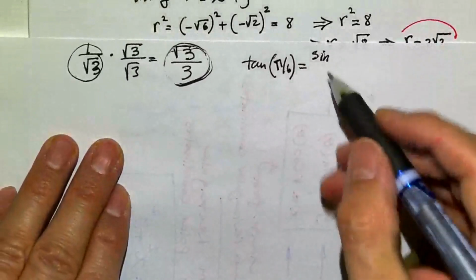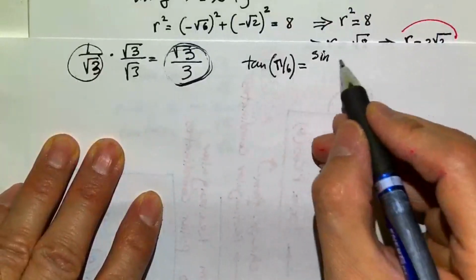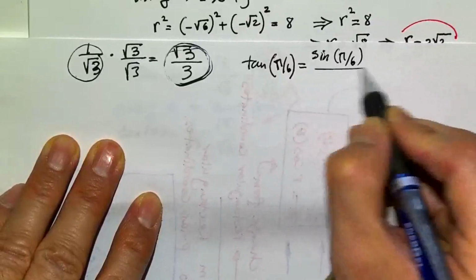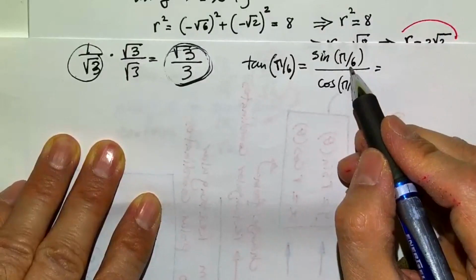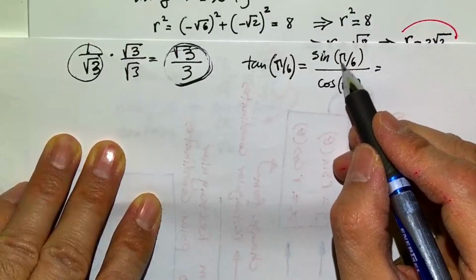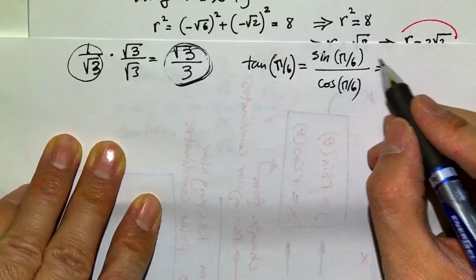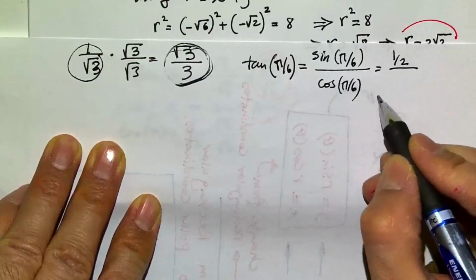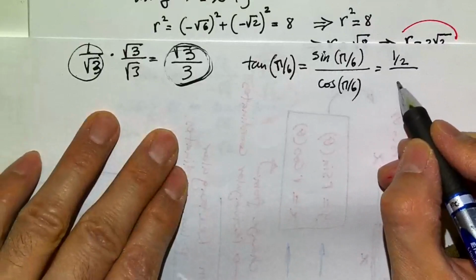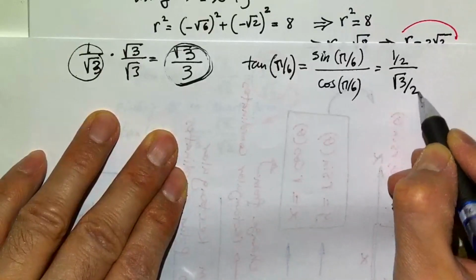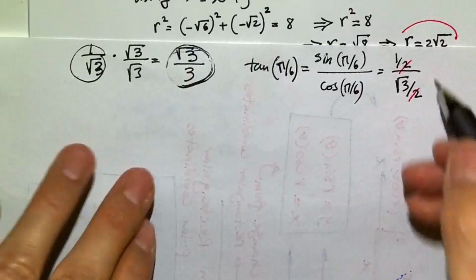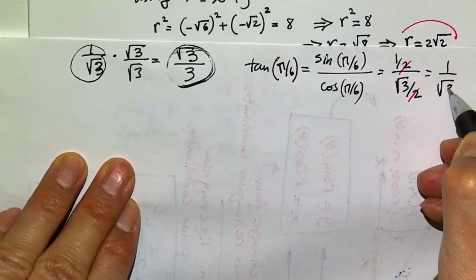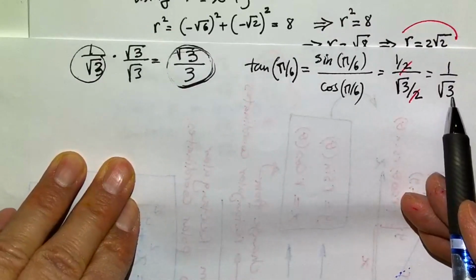The reason I say that, because tangent of pi over 6, just recalling from the table of common trigonometric values of angles, let me first work this out on my scratch paper here. Tangent of pi over 6 is equal to sine of pi over 6 divided by cosine of pi over 6, right? And from the table, sine of pi over 6 is equal to 1 over 2, and cosine of pi over 6 is equal to square root of 3 over 2. Then, when you cancel the 2's, you end up with 1 over square root of 3, right?